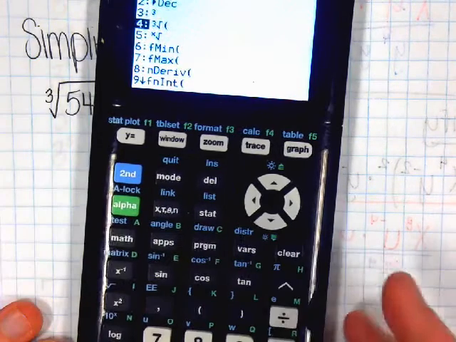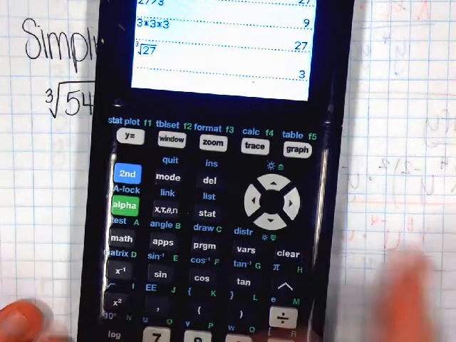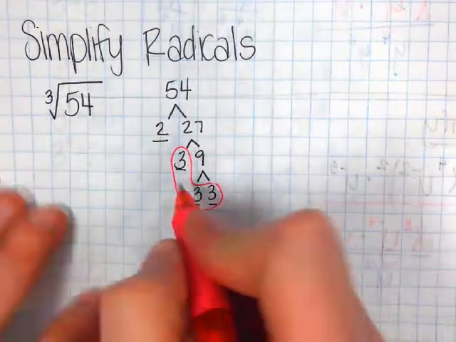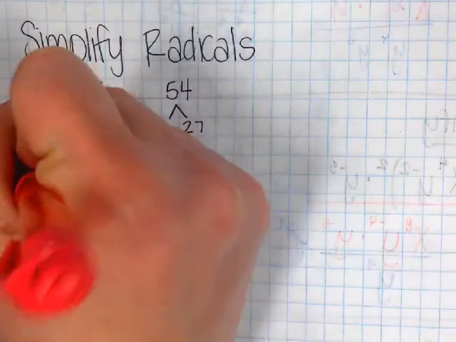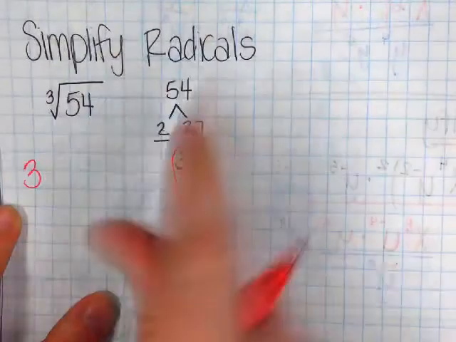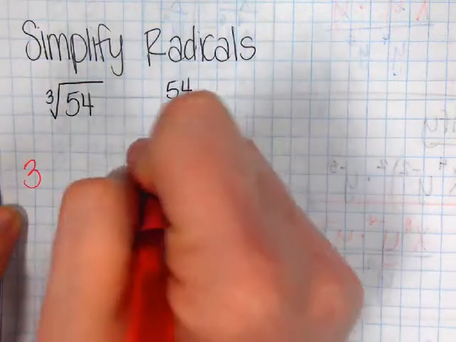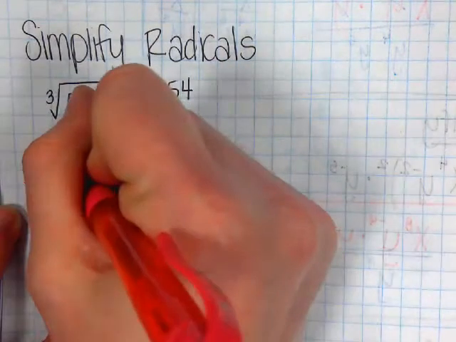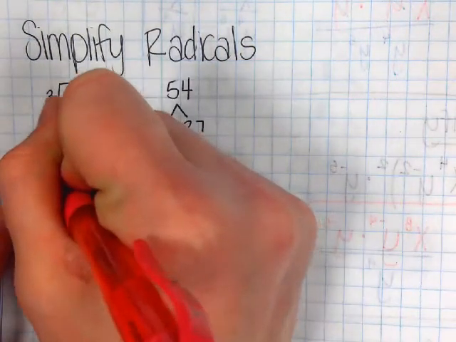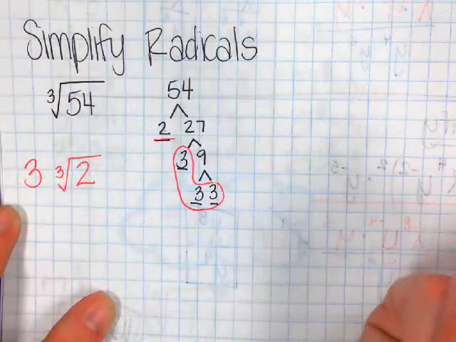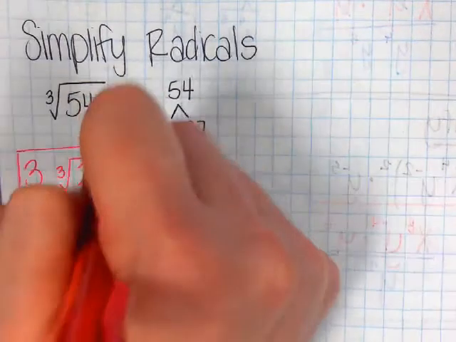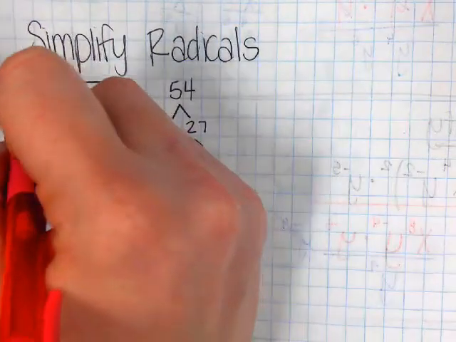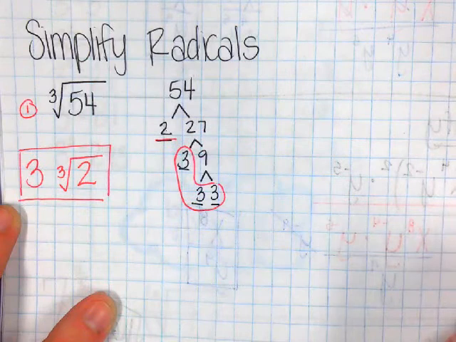If we took the cube root of 27, the answer is 3. So 3 comes outside of the radical. And then since there's a 2 left inside, the 2 stays under the radical. So it'd be the cube root of 2. So that would be the answer. That would be that problem simplified.